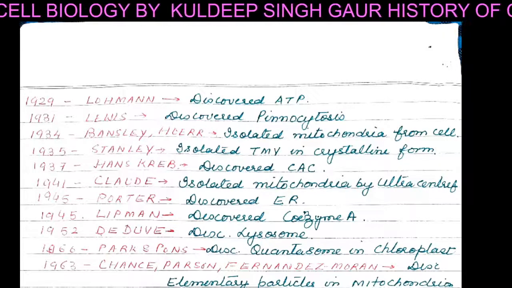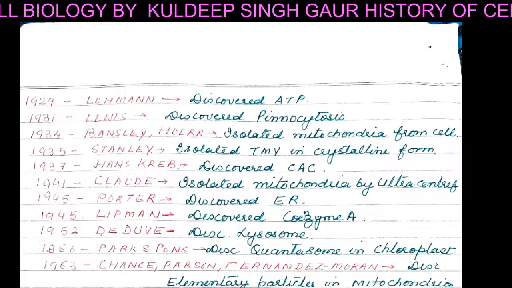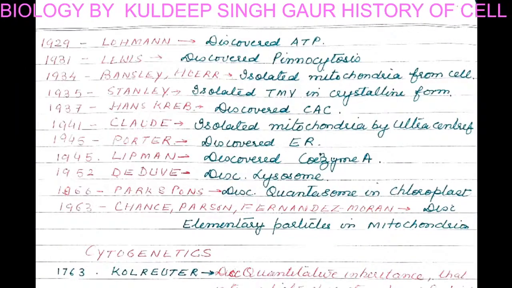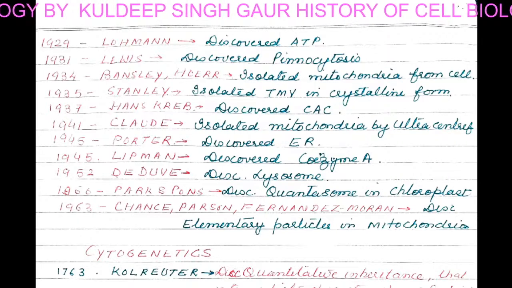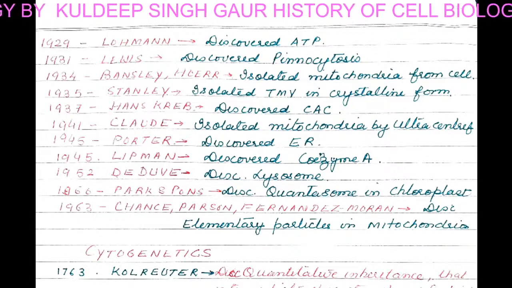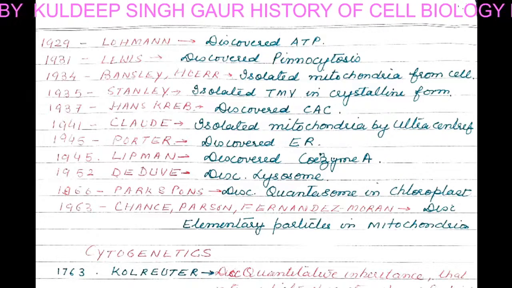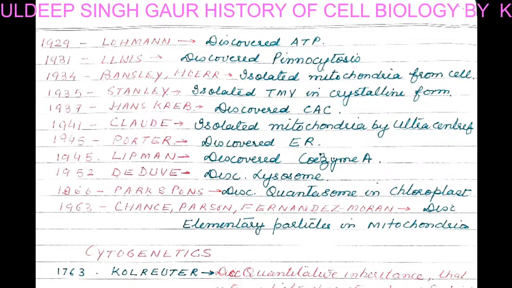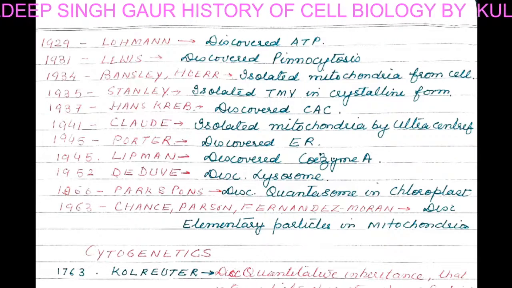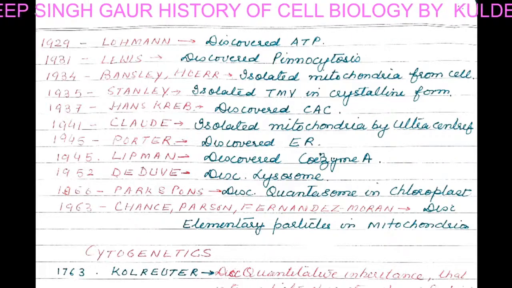In 1931, Lewis discovered pinocytosis, which is cell drinking. In 1934, Bensley and Hoerr isolated mitochondria from the live cell. Stanley isolated tobacco mosaic virus in crystalline form and was able to demonstrate that viruses are non-living.